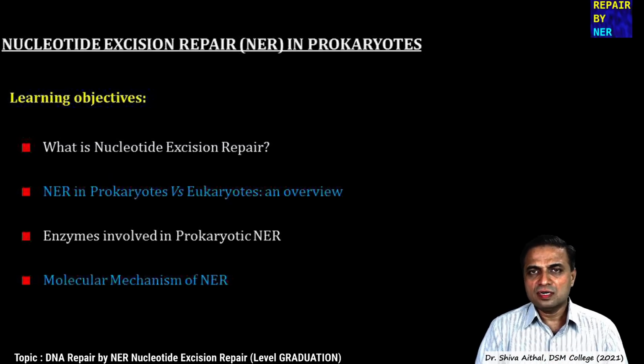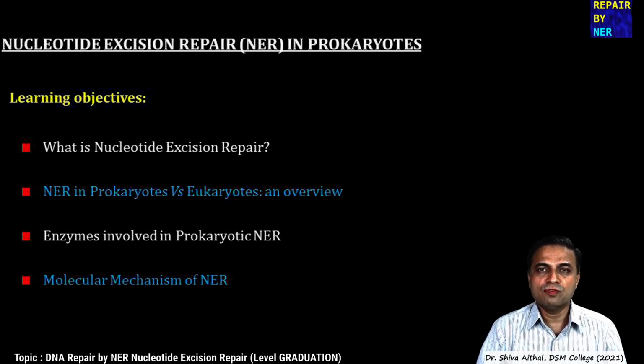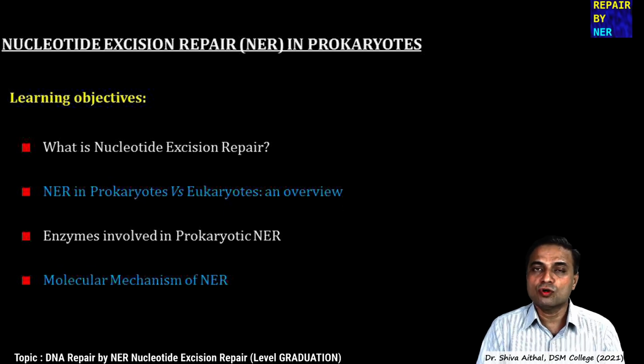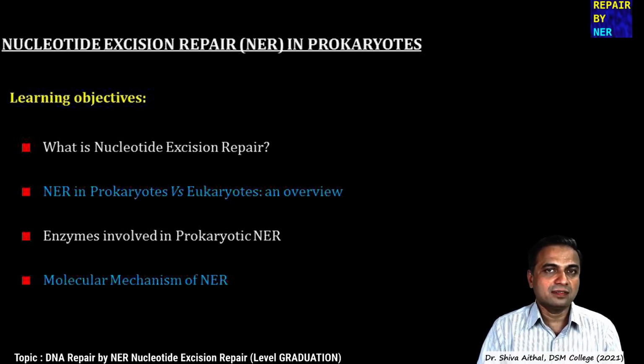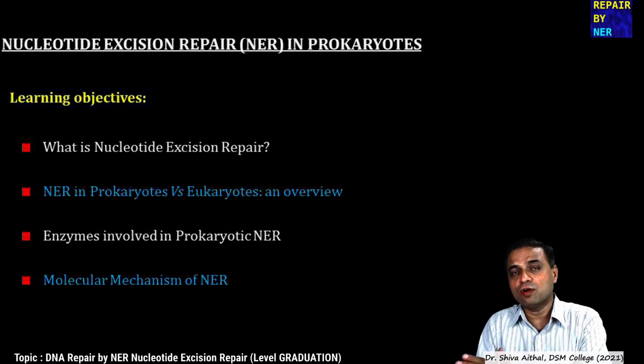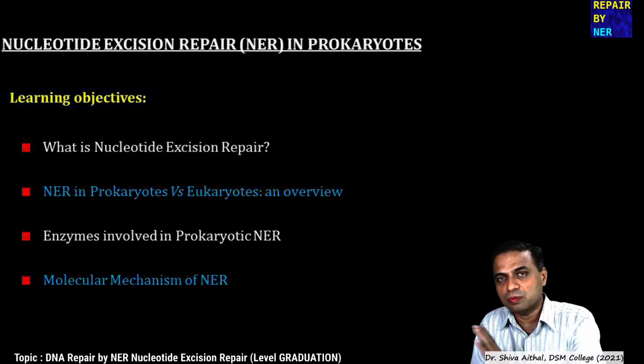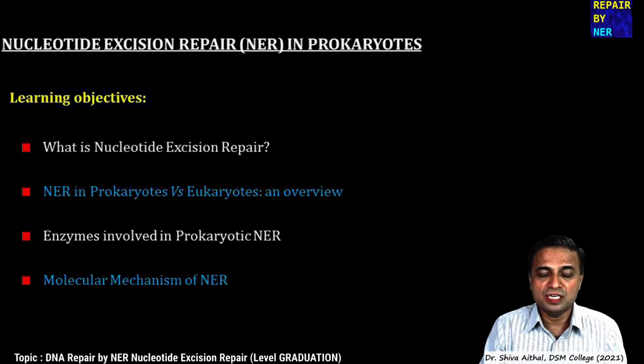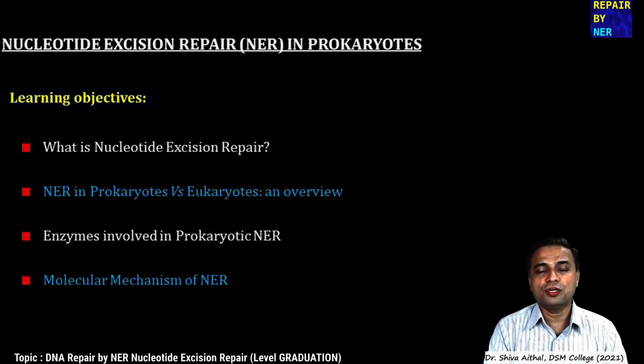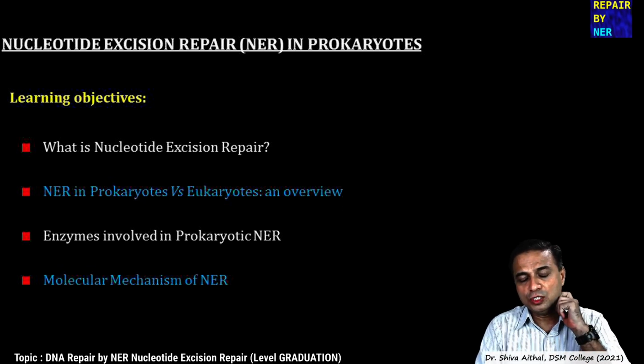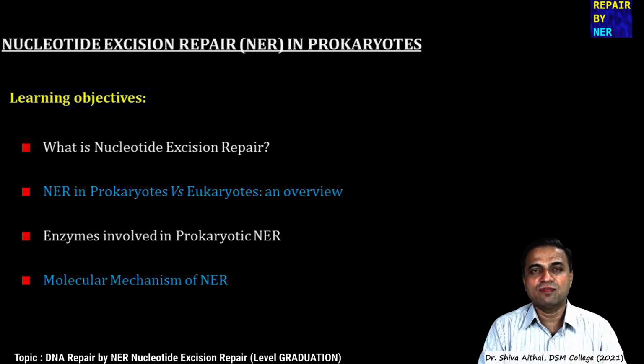After understanding nucleotide excision repair, you should understand what nucleotide excision repair is, how it differs from the photolyase enzyme system, and how it is different from base excision repair and mismatch excision repair, which you are going to see in the succeeding lectures. Nucleotide excision repair is different in prokaryotes and eukaryotes, and if possible you should be able to draw a line of difference between them.